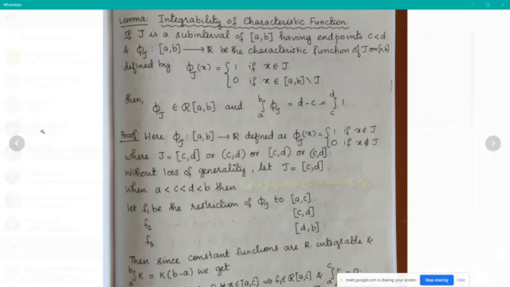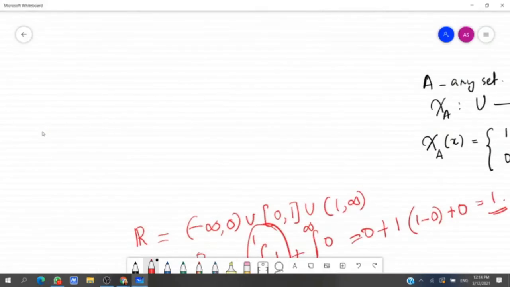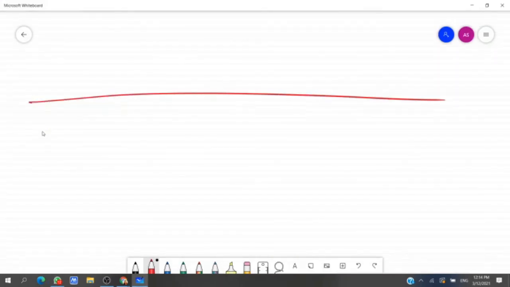Then let F1 be the restriction of this characteristic function phi j to the subinterval closed interval AC. F2 be the restriction of phi j to the interval CD, and let F3 be the restriction of phi j to the interval DB. Okay, so closed interval AB നെ നമ്മൾ എങ്ങനെ ഡിവൈഡ് ചെയ്തു?